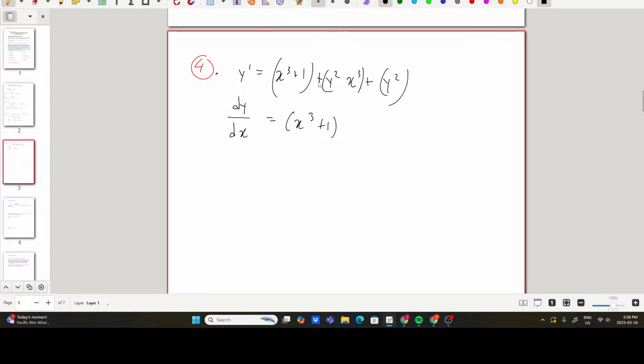To put those in brackets, and then I took out an x cubed, so I'd have x cubed, and I have 1 plus 1. 2x cubed. x cubed y squared. y squared. We could try to expand it and see what happens.